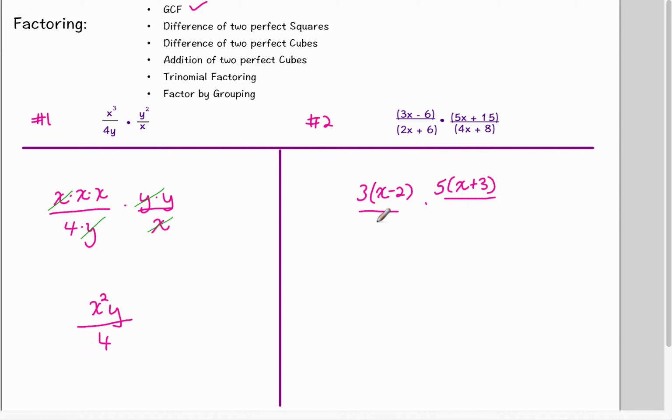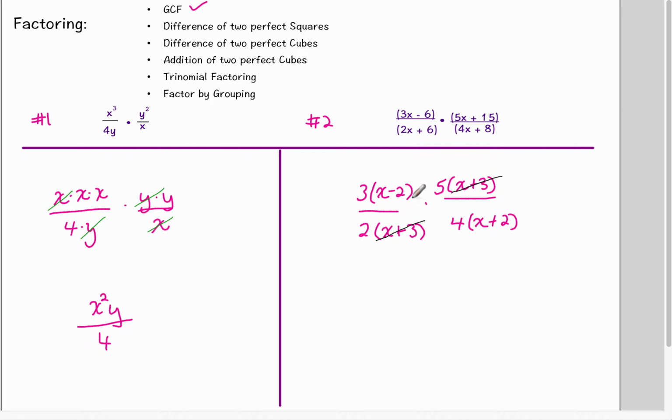In my first denominator, my greatest common factor is 2. And in my last denominator, my greatest common factor is 2. Now when I cancel these, there's only one denominator and numerator that can cancel out.